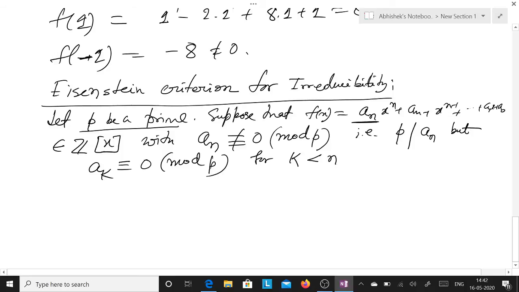That is, p divides all other coefficients starting from a_{n-1}, a_{n-2}, ..., a_1, a_0. These are all divisible by p. And the last condition is that a_0, the constant coefficient, will never be congruent to 0 modulo p square.